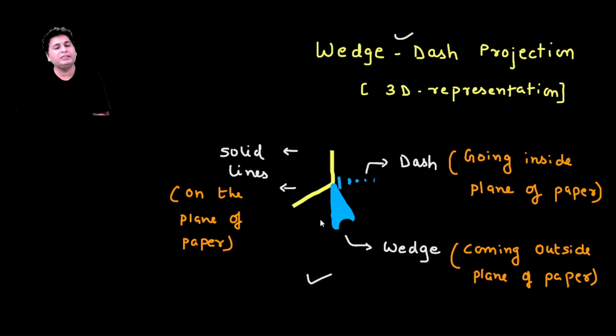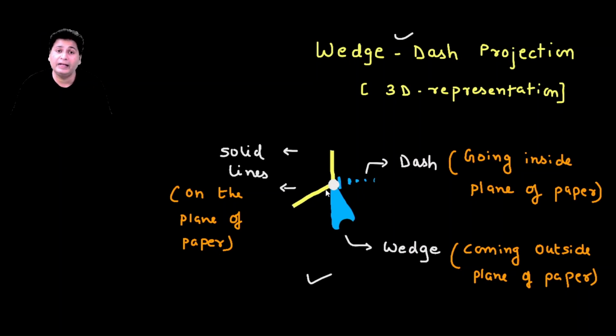In the wedge dash formula, you have a carbon at the center, and with this carbon you have 4 bonds. These 4 bonds are tetrahedral in dimension in a 3-dimensional figure.